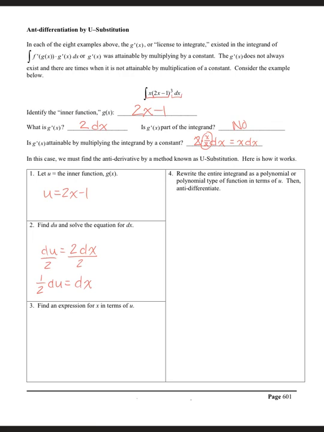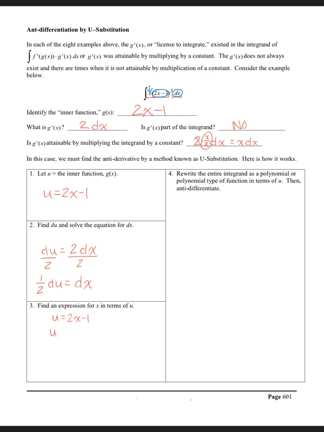Okay, so what we've done is we've figured out how to substitute for the 2x minus 1 and the dx. Okay, now we got to figure out how to substitute for x here. And that's what this third step is. So find an expression for x in terms of u. So what we're going to do is we know that u is equal to 2x minus 1. We are going to solve for x.